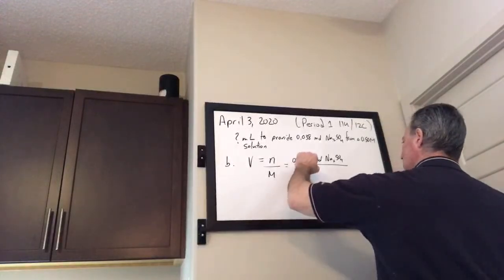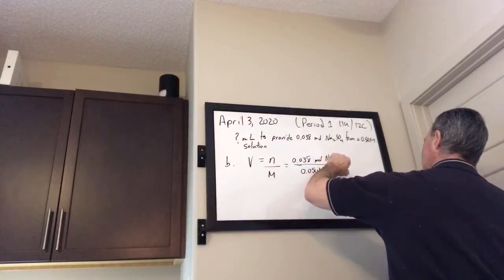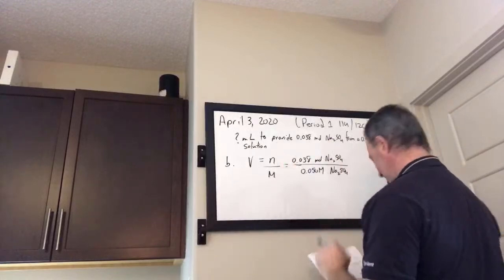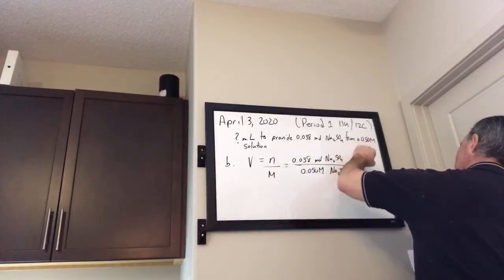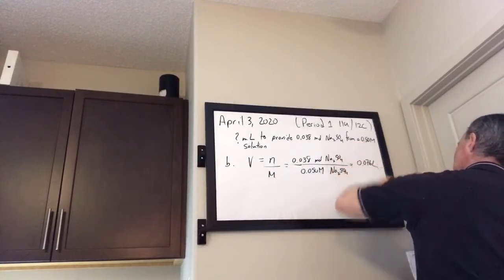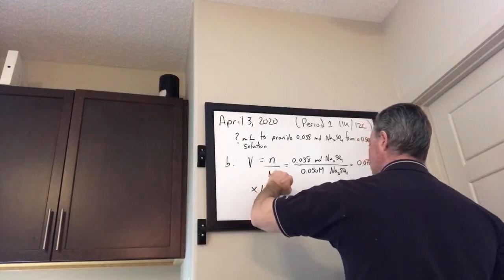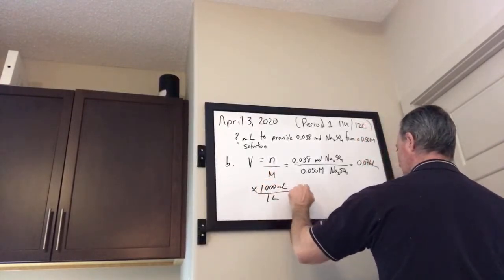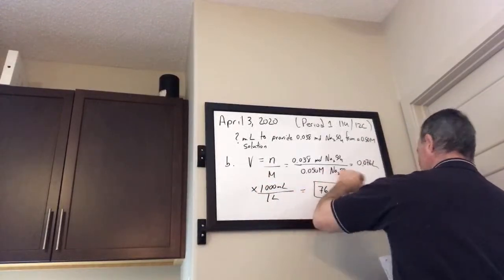And then the concentration is 0.5 molar of sodium sulfate. If you write just a big M, it's like saying moles per liter. That works out to 0.076 liters of the solution. We're going to multiply that by 1,000 milliliters per liter, which you should know is the conversion factor from liters to milliliters, and your final answer will be 76 milliliters of that solution is necessary.